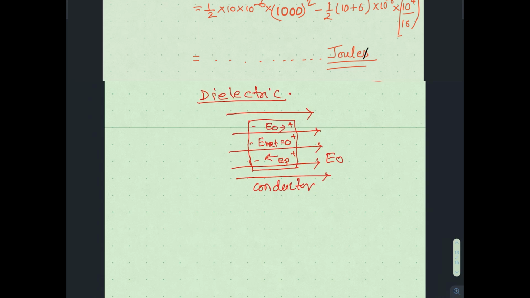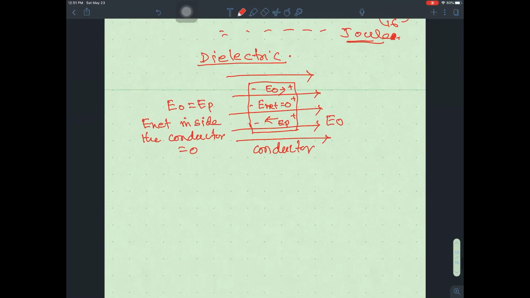So E naught becomes equal to EP, and as a result E net inside the conductor is 0. The induced electric field EP is just equal and opposite to the applied electric field.